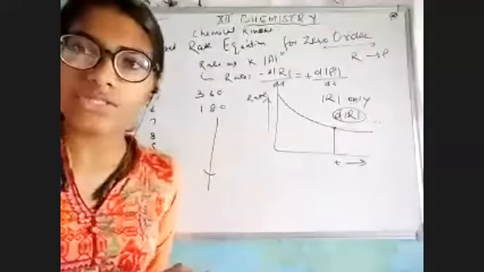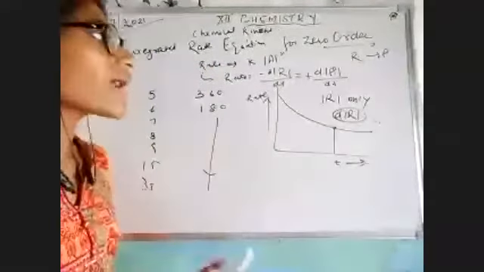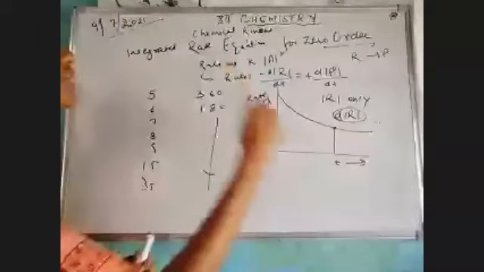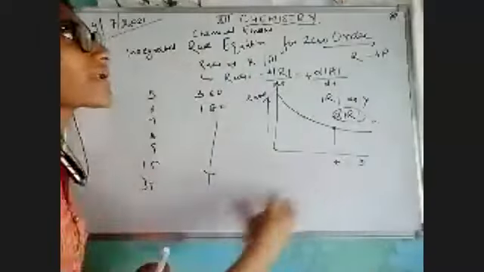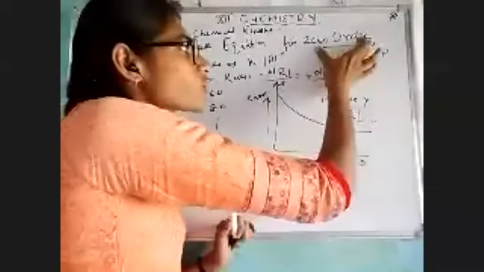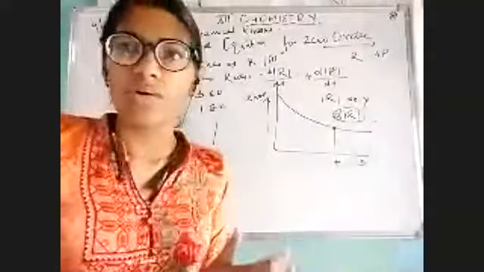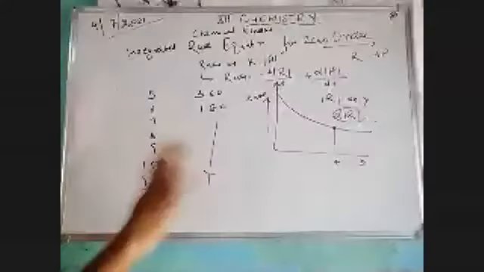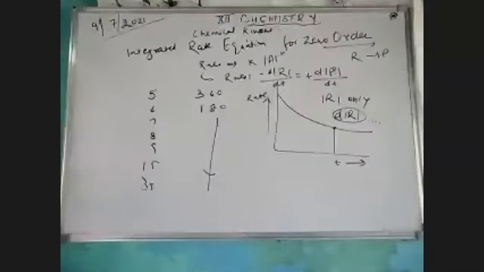Am I clear with you? So in this way, we are going to study the integrated rate equation for different types of order. But not to worry, because in your syllabus we have only zero order and first order. So let's begin with the zero order. You have got the concept. Now let's start with the zero order equation.